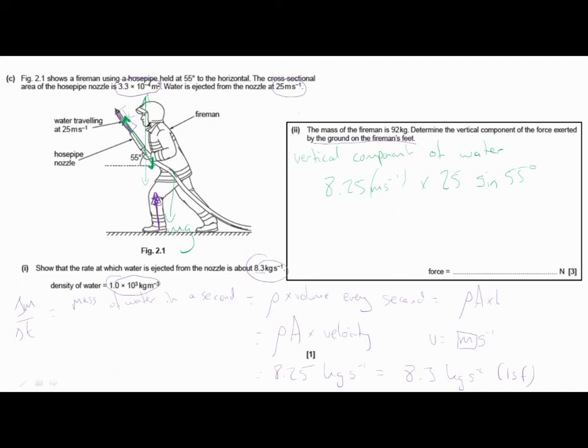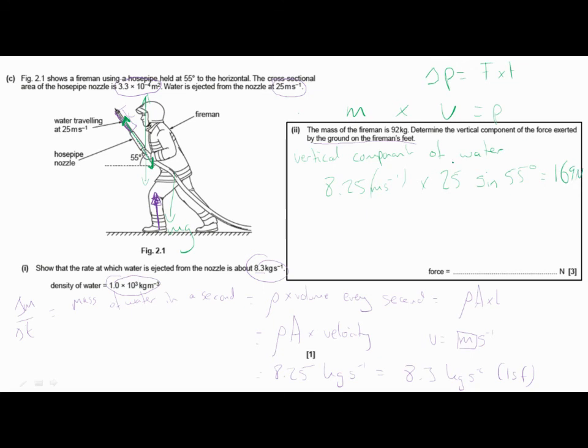Well, this equation is simply saying that it's the mass of the water times by the velocity of water. Well, it's actually the mass per second, but we're thinking about 1 second here. That is obviously the momentum, and the momentum, or the change in momentum, is equal to force times time. So we're finding the change in momentum, and we're saying in 1 second that is the force. So this force from the water is 169 newtons.